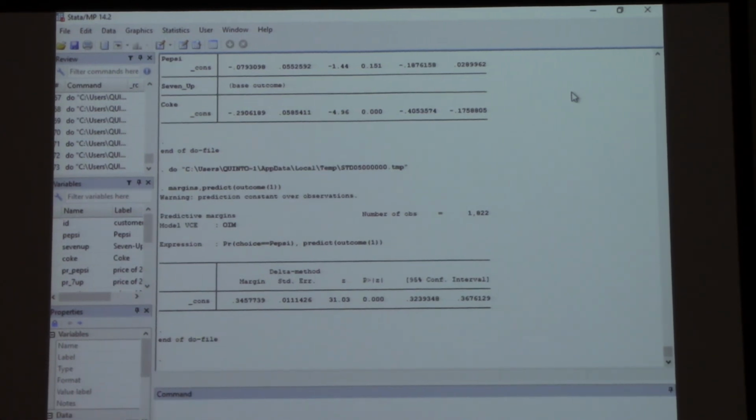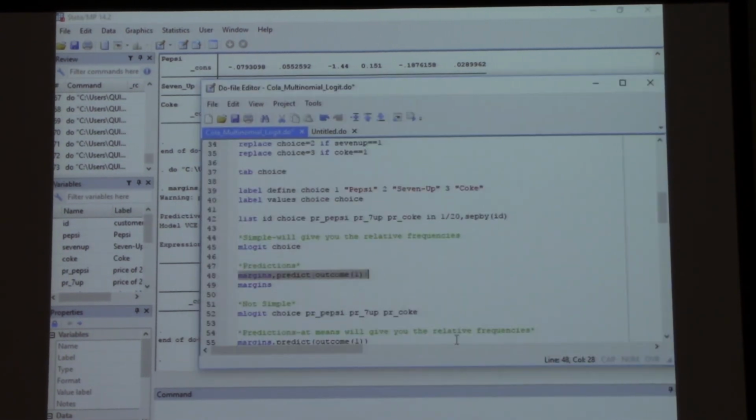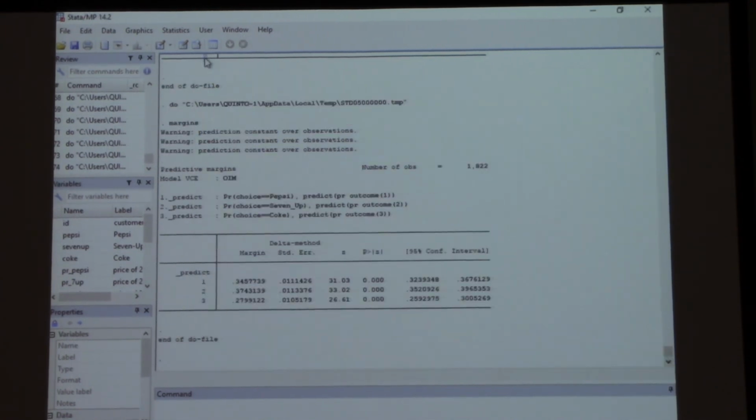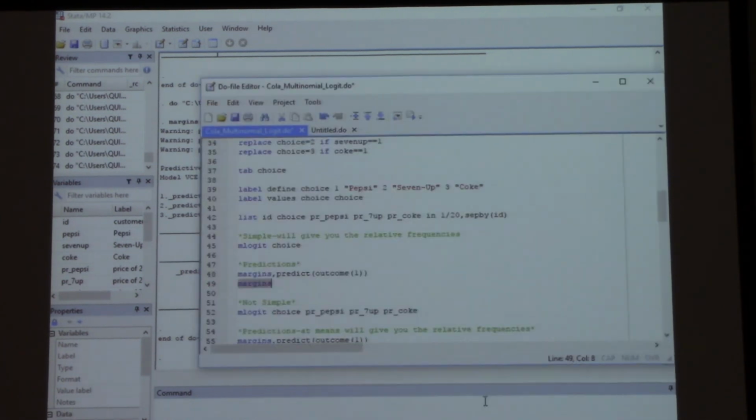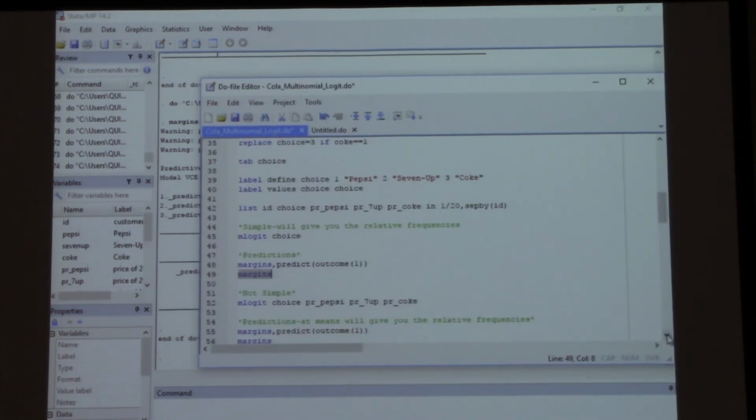If we don't specify a specific outcome, for example, if we just leave it blank and type margins, because the model is a simple model, it's going to give us the relative frequency for all three of these. You can see those first two are pretty close, and that third one is Coke, and it was statistically different from the other two.